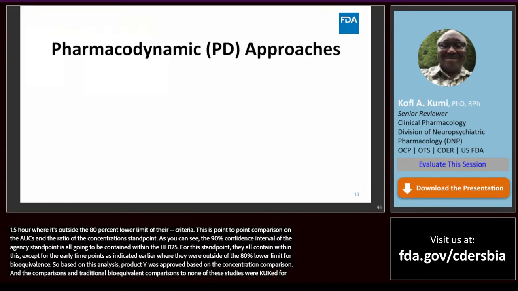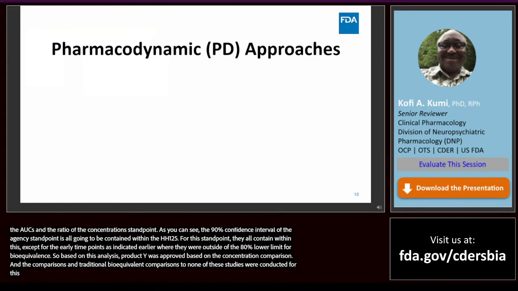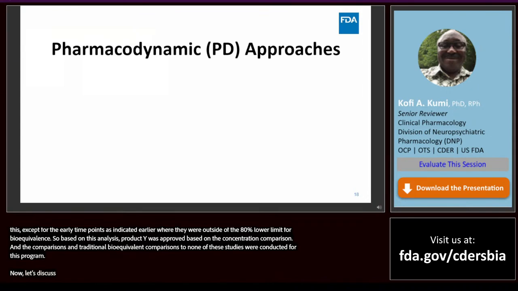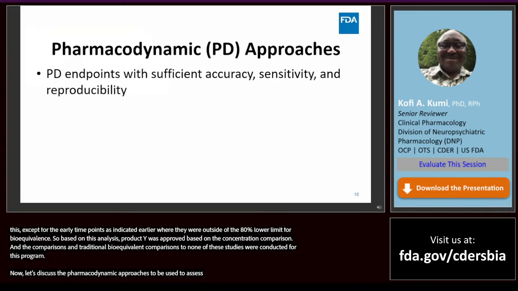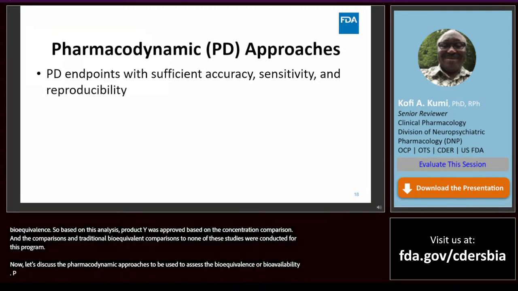Now let's discuss pharmacodynamic approaches that can be used to assess bioequivalence and/or bioavailability. PD endpoints with sufficient accuracy, sensitivity, and reproducibility can be used to assess bioavailability and/or bioequivalence.